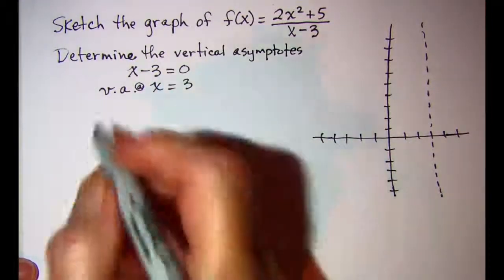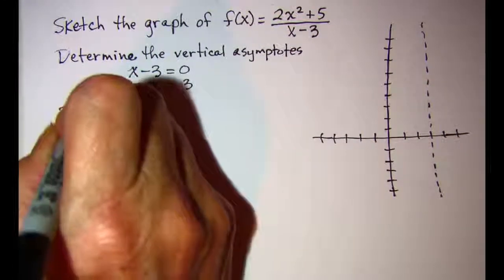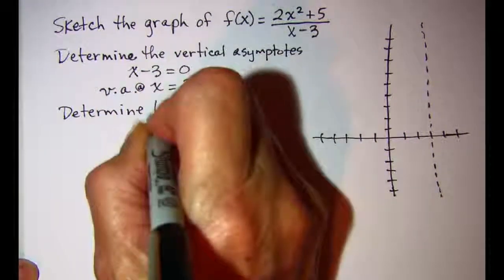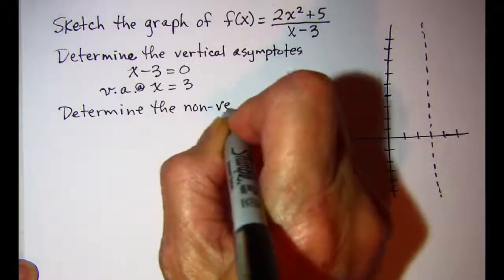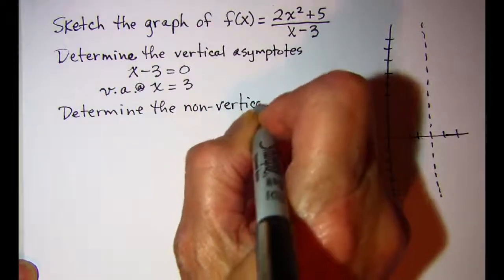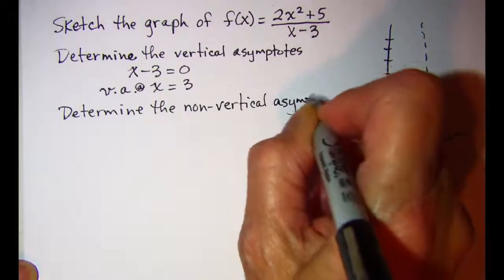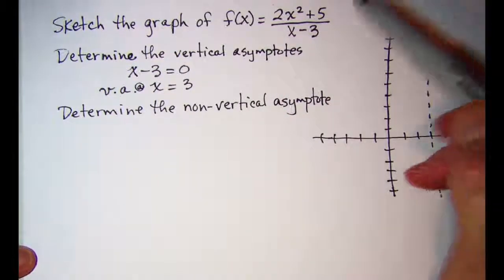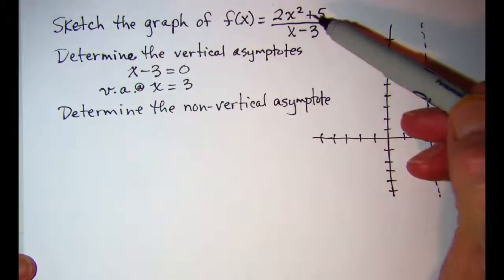Next, we need to determine the non-vertical asymptotes, and we do that by comparing the degree of the numerator and the degree of the denominator.